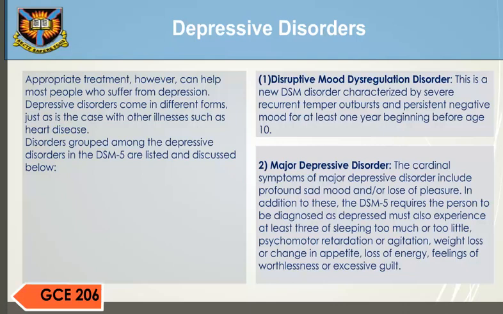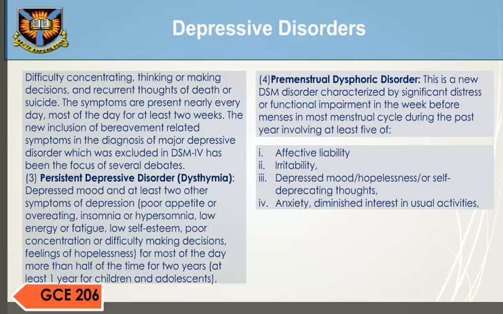In addition to these, the DSM-5 requires the person to be diagnosed as depressed must also experience at least 3 of sleeping too much or too little, psychomotor retardation or agitation, weight loss or change in appetite, loss of energy, feelings of worthlessness or excessive guilt, difficulty concentrating, thinking or making decisions, and recurrent thoughts of death or suicide.